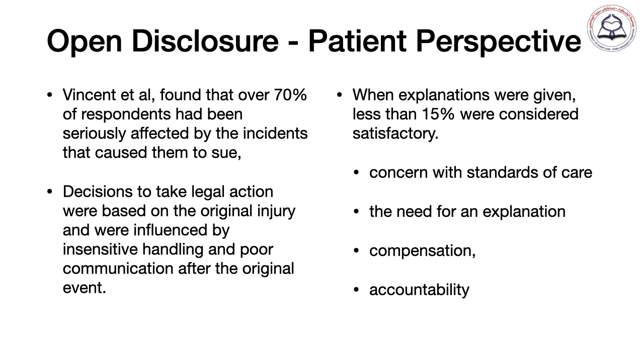He concluded that the main reasons for litigation were concerned with the standard of care. Patients and families want to prevent similar incidents in the future, and also they need an explanation.